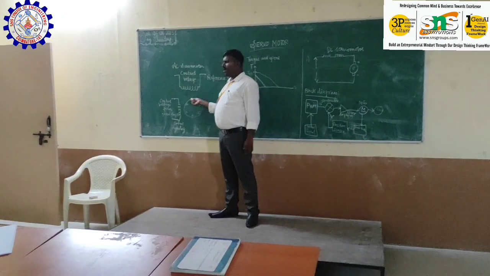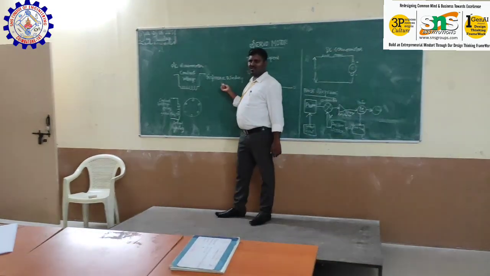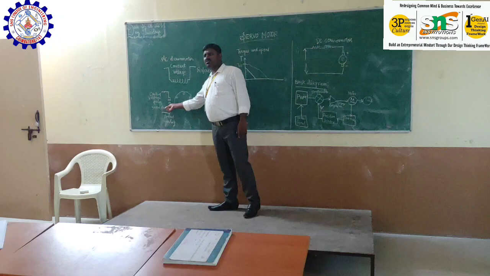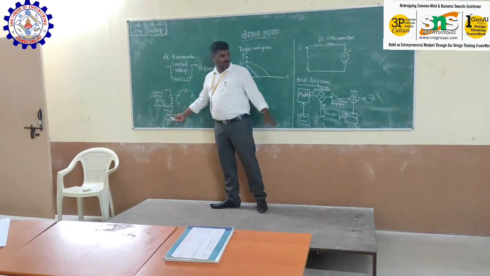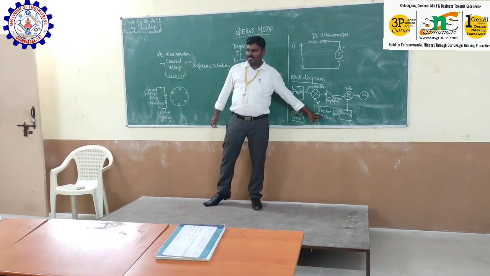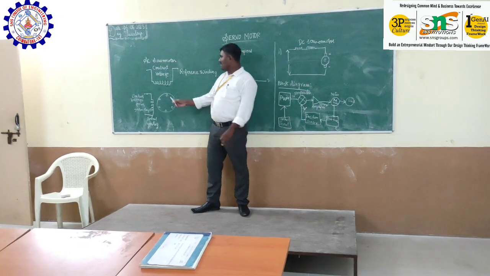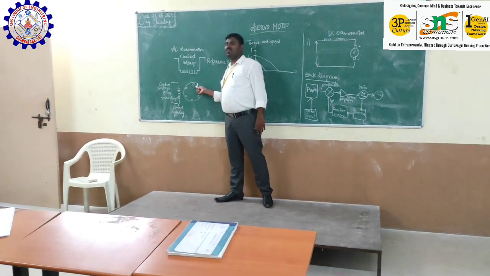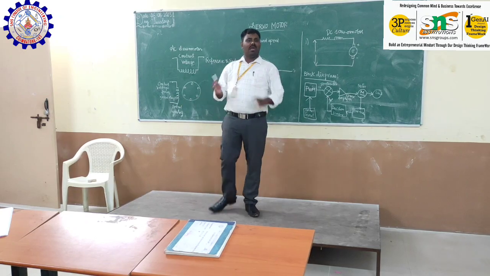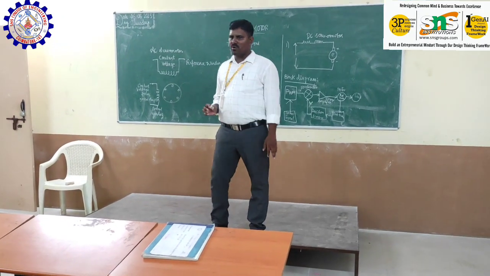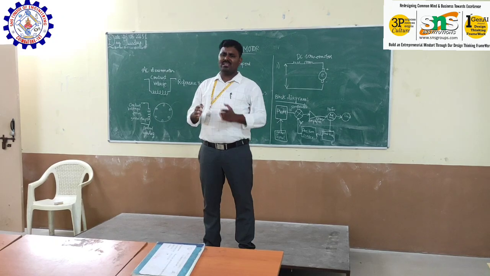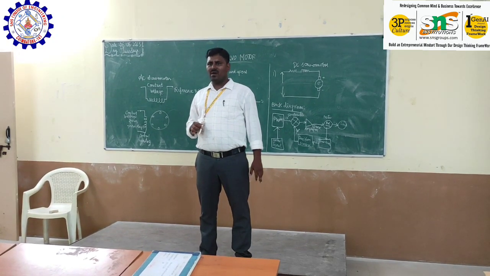The rotor has two inputs: one is a reference, and the other is a control signal received from the position sensor. Based on the interaction of the control signal and the reference signal, the rotor will rotate in order to align with the actual position. So that is the concept of the servo motor. Any doubt?